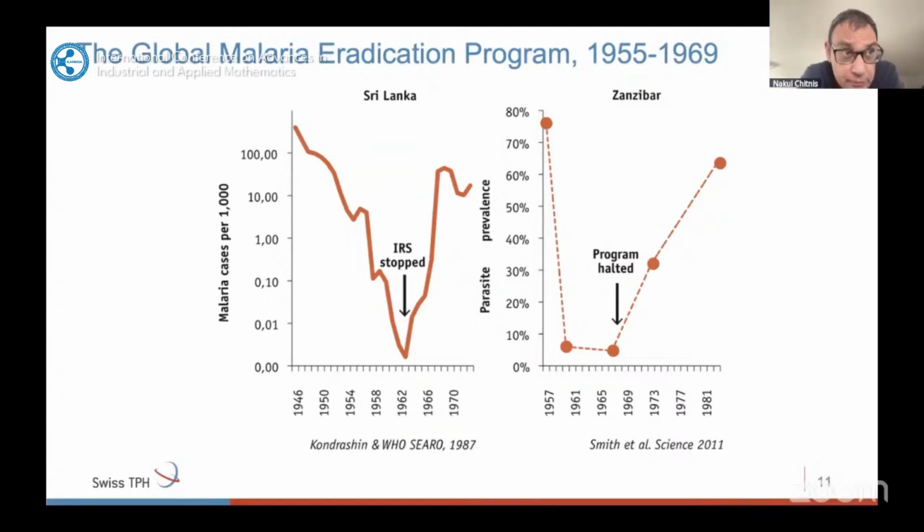The current push is much more cohesive, it's more consistent, and it's really about trying to get malaria down until we can completely eliminate malaria.